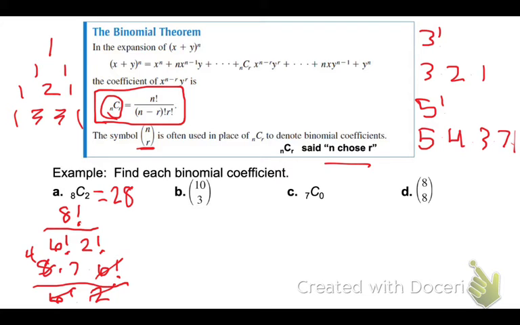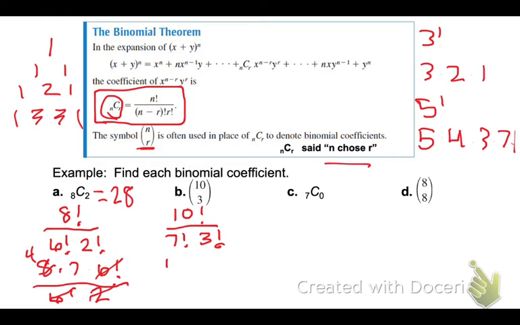So we have 10 factorial over what? 10 minus 3 factorial. So 7 factorial, 3 factorial. Okay. So I only have to write out 10 till I get to 7, don't I?